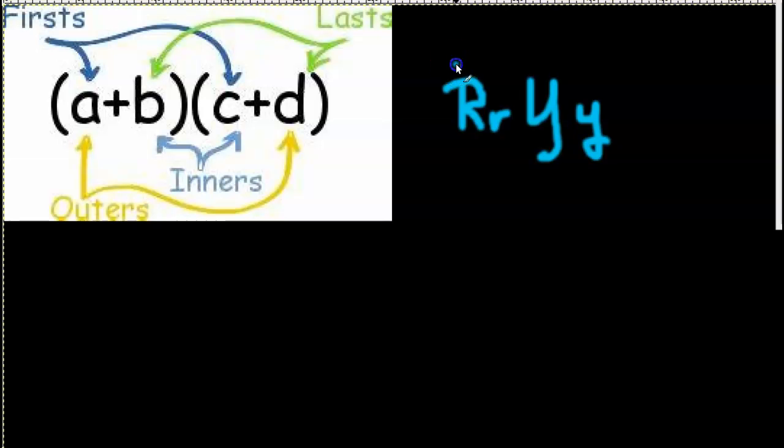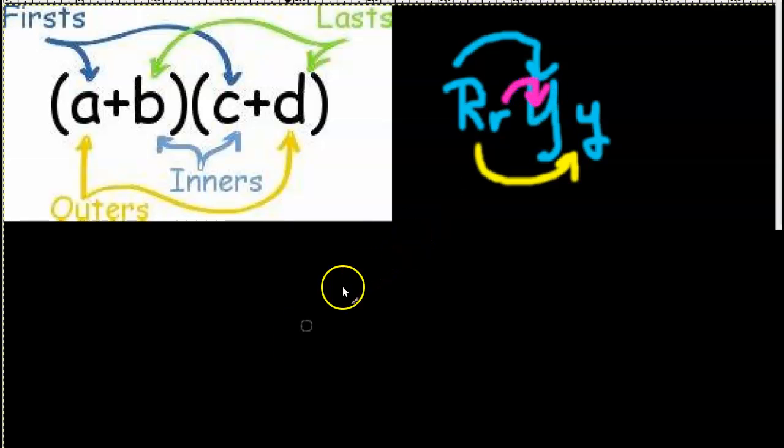So first, right, just like over there. Then second, our outers. Then third, our inners. And fourth, our lasts.